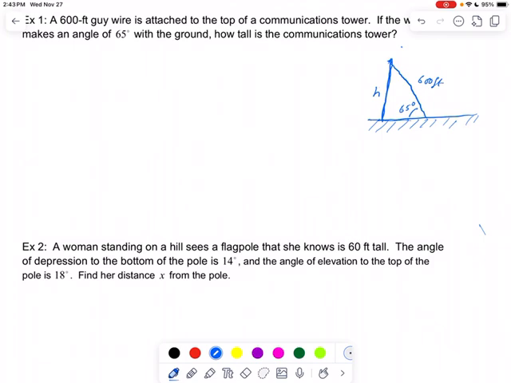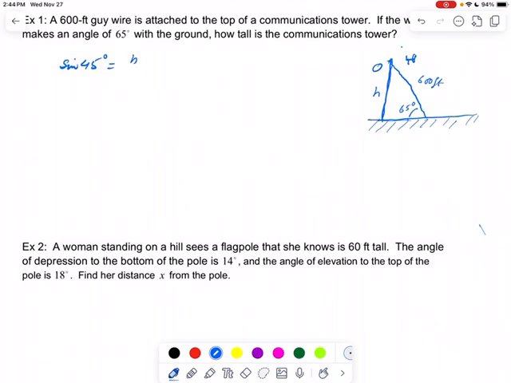So what relation combines the angle and its opposite and its hypotenuse? If you recall, that is sine of the angle. So we can write sine of 45 degrees is equal to O over H.